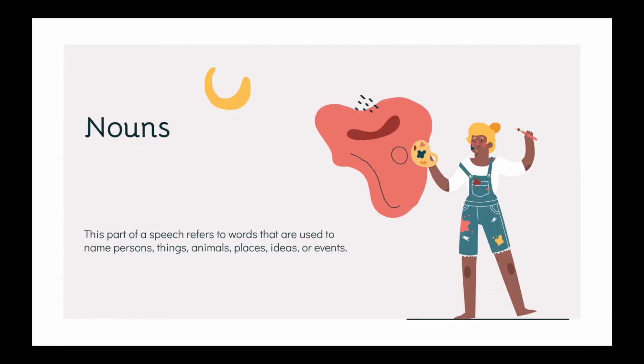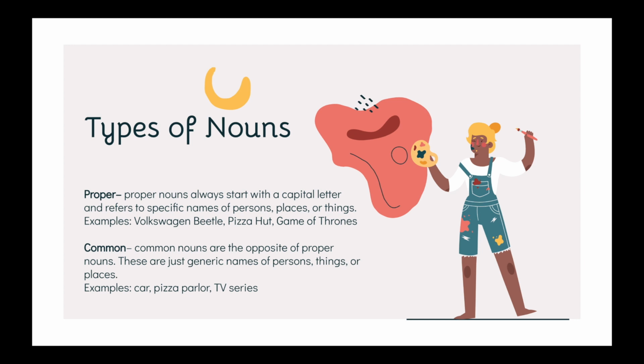Nouns refer to words that are used to name persons, things, animals, places, ideas, or events. Generally they are divided into some types. Some nouns are divided into proper nouns and common nouns.